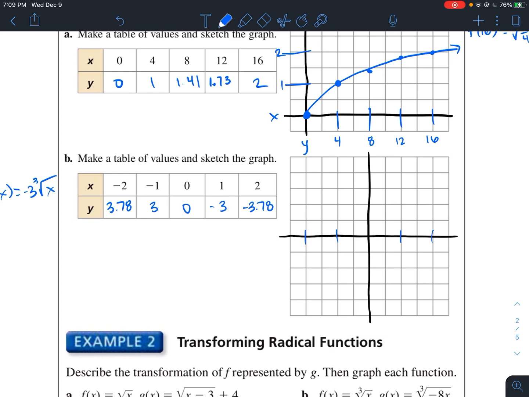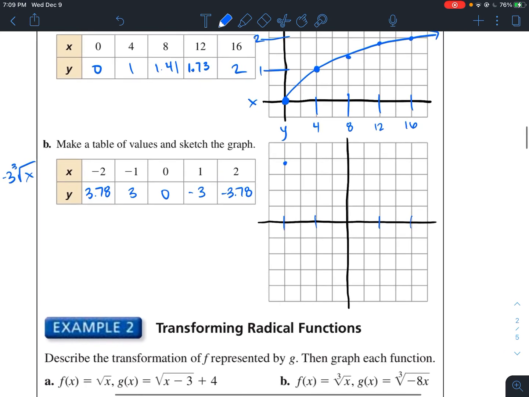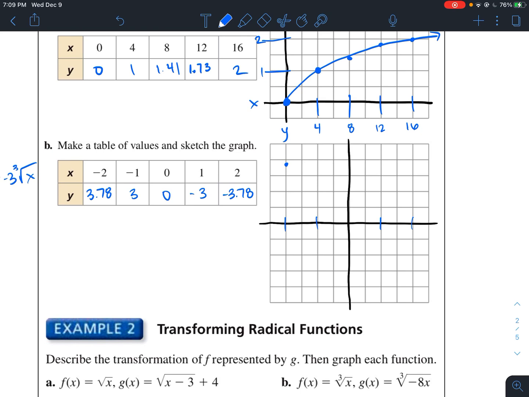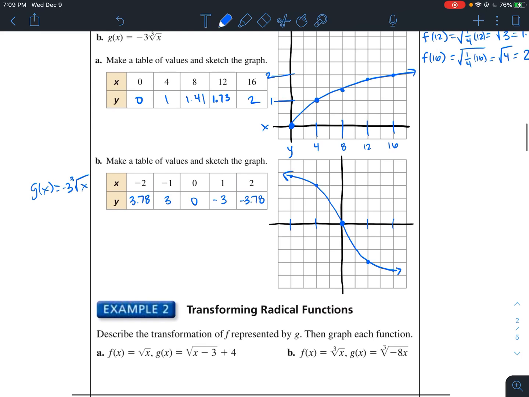So 1, 2, 3, so pretty close to 4. So somewhere about right there. When x is -1, we're at 3. And then we're at 0, 0. When x is 1, we're at -3. And when x is 2, we're at -3.78. So the graph should look something like that between those x values. And that's a cube root function.